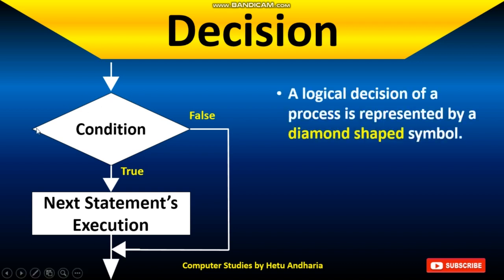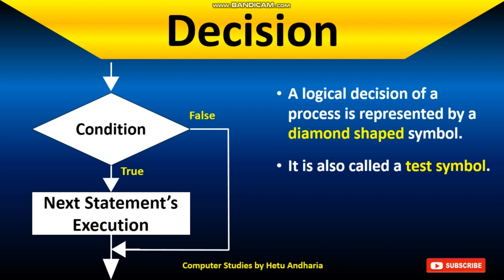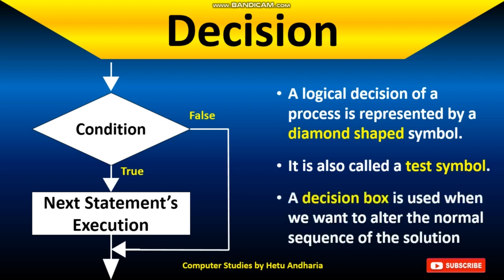This type of symbol is known as the diamond shaped symbol. A logical decision of a process is represented by a diamond shaped symbol. It is also known as the test symbol. A decision box is used when we want to alter the normal sequence of the solution.